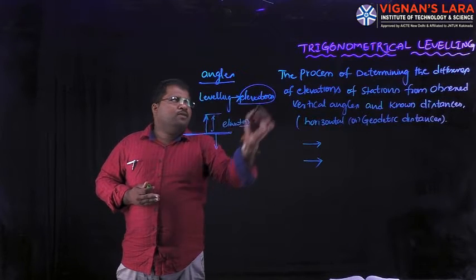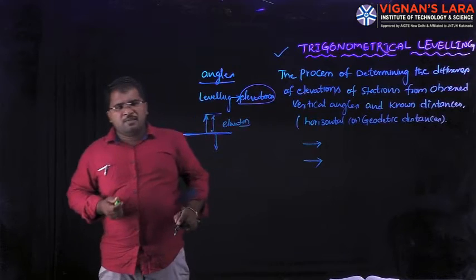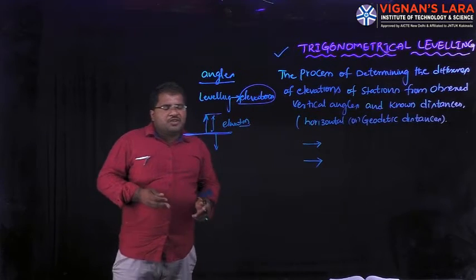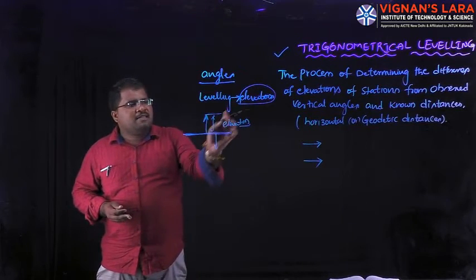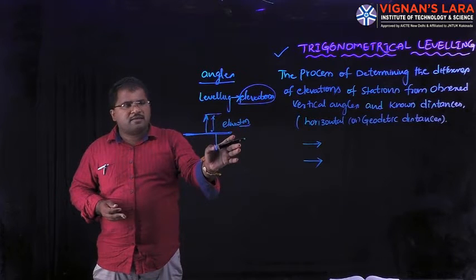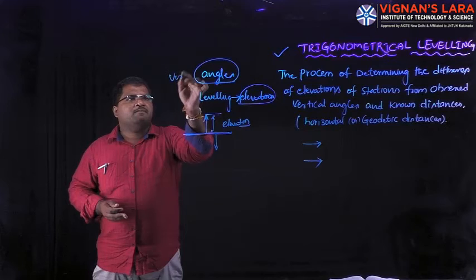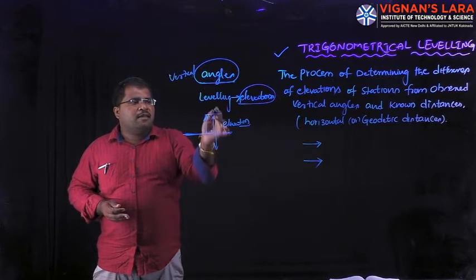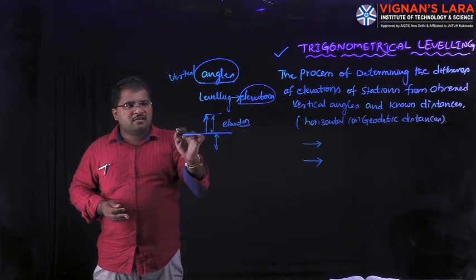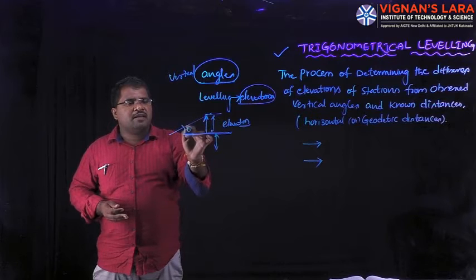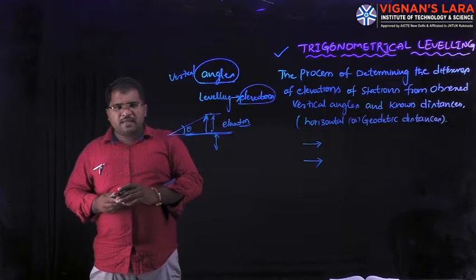Now the complete term comes like this: we are going to determine the elevation of a particular point or object with the help of vertical angles, since the elevations are in the vertical direction. Whatever angle you take is called a vertical angle.